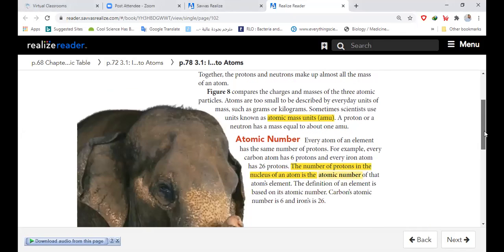I need you to write this down for today. Hang on a second. Write this with me. Let's start with the atomic number from the previous time, and then we will later write the atomic mass.